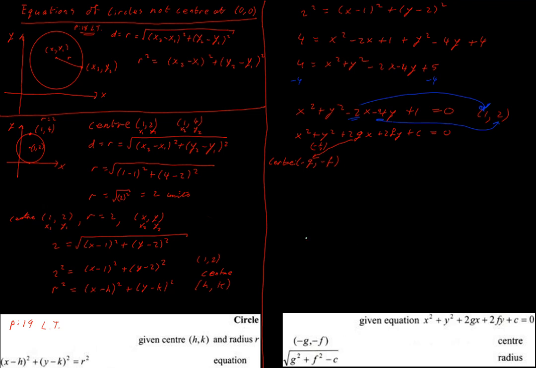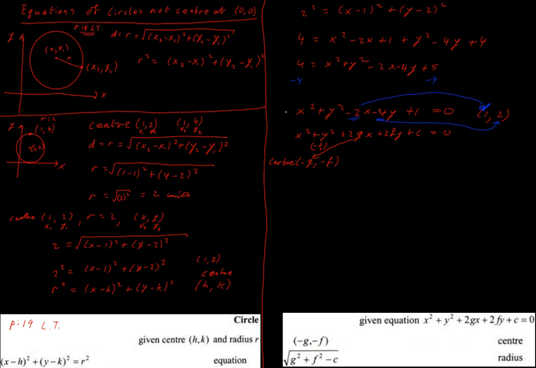So again, you can see why it is very important to open up page 19 in your log tables and double check the form that these equations come in, because this change around is different to the change around we had to do when the equation looked like our brackets not multiplied out. So you're going to have to open up page 19 always to double check how you are going to get the center of our circles from given equations, because what you have to do is different depending on which form of the circle equation you are given.